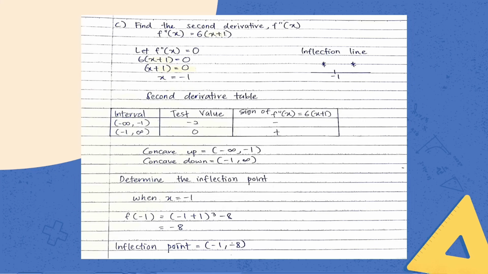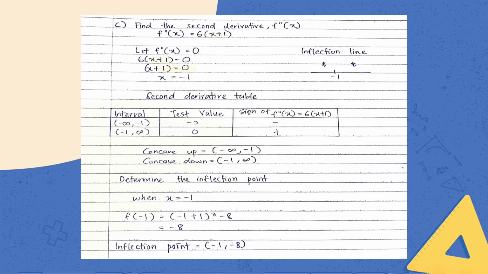Second step is we will make a table. In the table we will put the interval, test value and sign of second derivative. The intervals that we will use are two. First is negative infinity and negative 1. The test value that we will use for the interval is negative 2. The second interval is negative 1 and infinity.